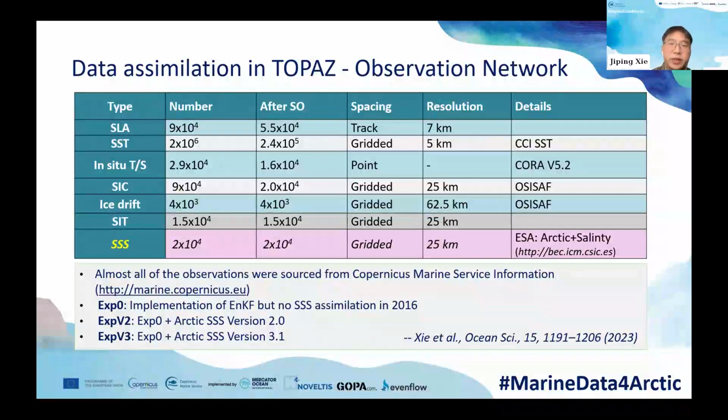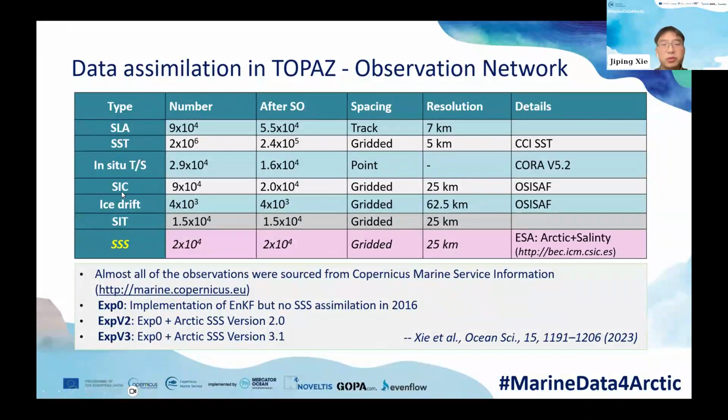So continuing, based on this expected benefit, we can do some data experiments. This table shows we simulate different data sources, for example sea level anomaly, SST, and profiles, sea ice concentration, sea ice drift, sea ice thickness.